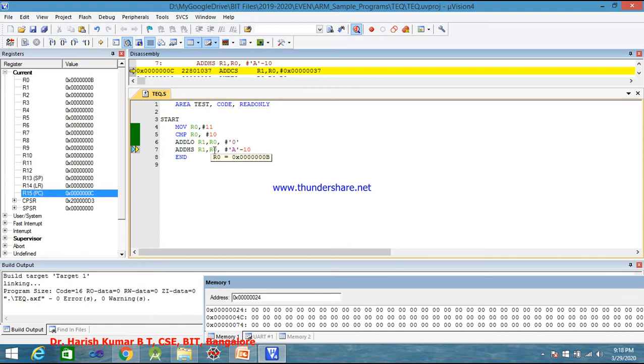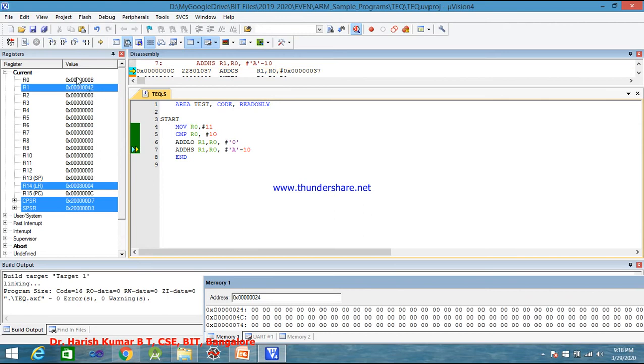31 plus 11 is 42. Now you should get 42 in register R1. So 42. Why? What is this 42? 42 is the ASCII value of 11.